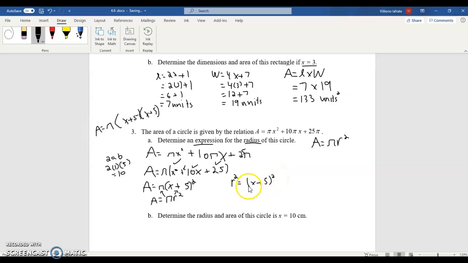So if you wanted just r, you would take the square root of r squared. The square root of r squared is equal to r. In other words, you would do the square root of x plus 5 squared. And that simply means you're removing the squared sign there. So that means that r is going to be equal to x plus 5.